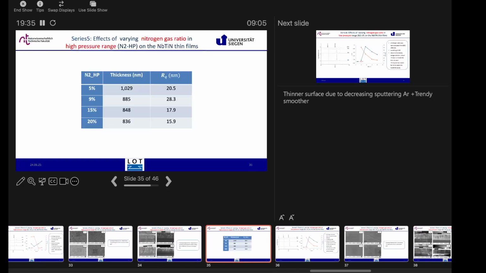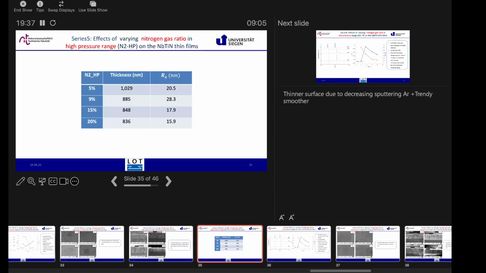Here is the conclusion again with thickness and roughness: in the high pressure range of nitrogen gas ratio, the thickness still decreases because as we increase nitrogen gas, we decrease the argon, or sputter gas, ratio. For the roughness, we got smoother, starting with 20.5 at 5%, which first increases and then slightly decreases, 17.9 and 15.9 at 20%.